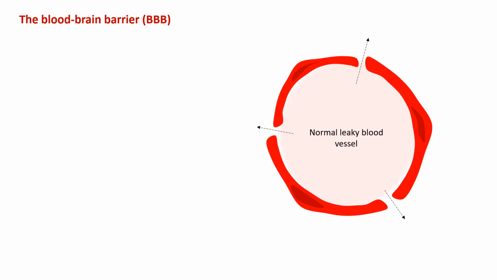In the blood-brain barrier, we have more protection than that. We control and very closely regulate what moves out of, for example, the meningeal vessels into the brain.